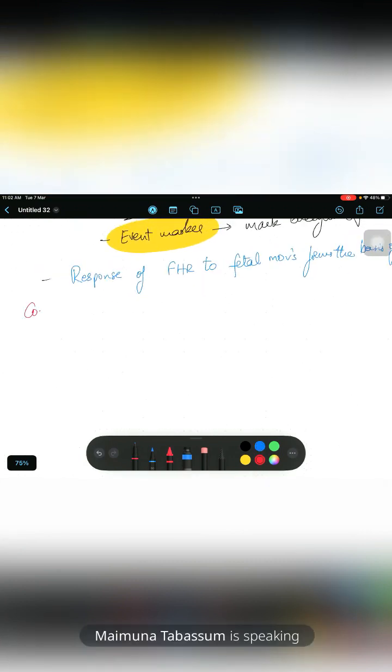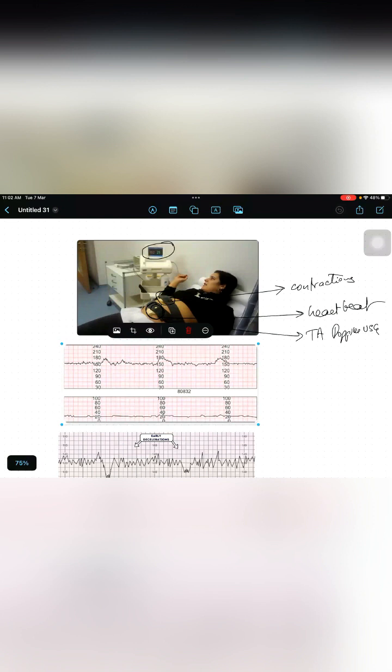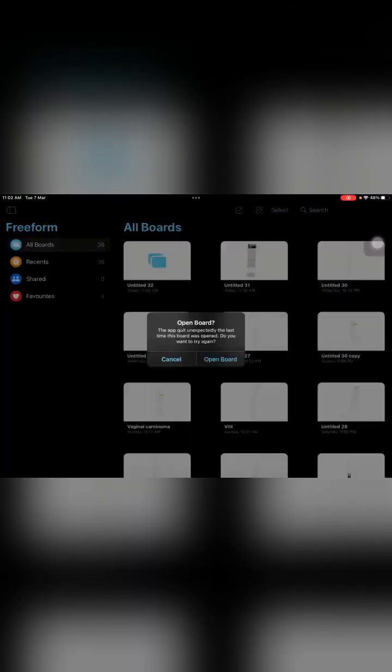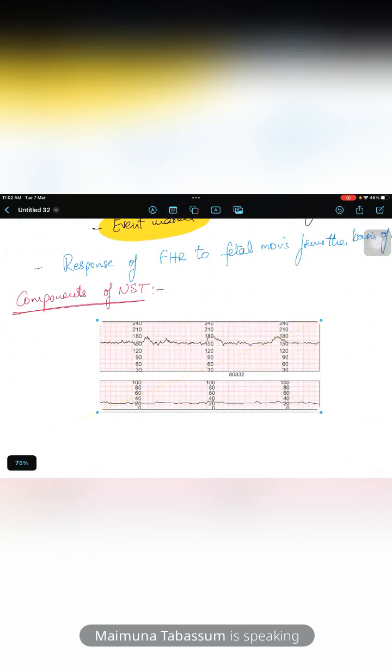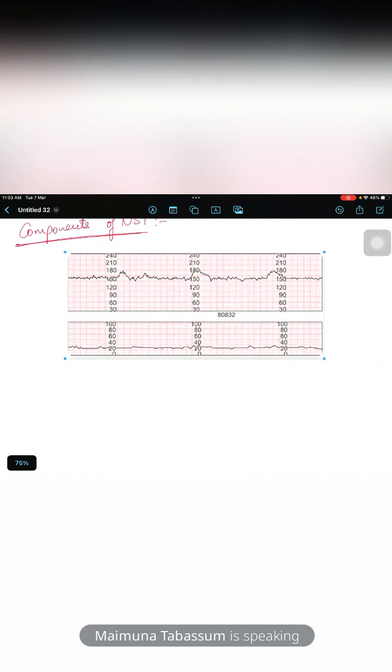So let us look at the components of NST. So what are the components of NST?